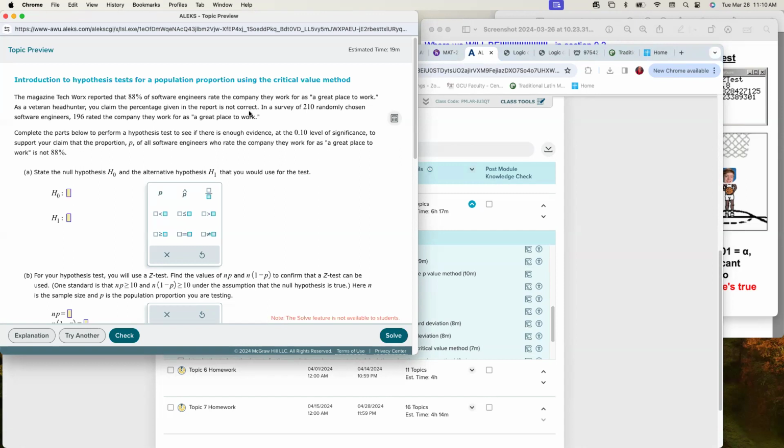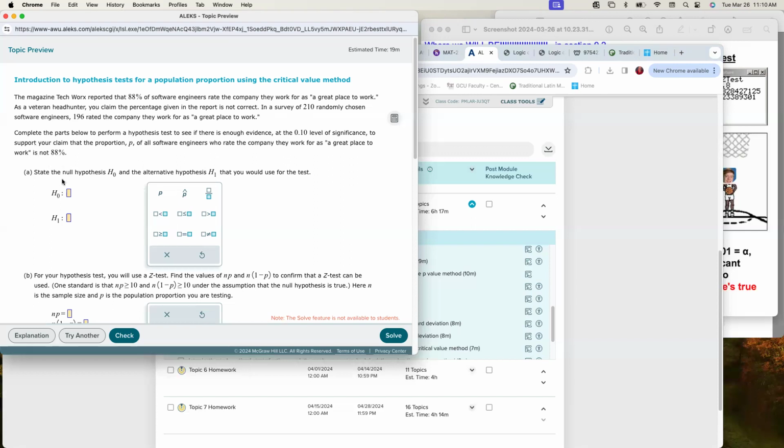So you go out and survey 210 and 196 said that it was a great place to work. We're going to be asked to test that hypothesis and see if there's enough evidence to reject it at a 10% level, supporting our claim that this is a great place to work is not 88%.